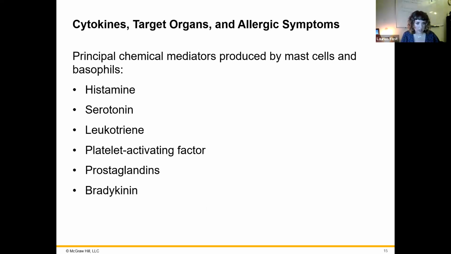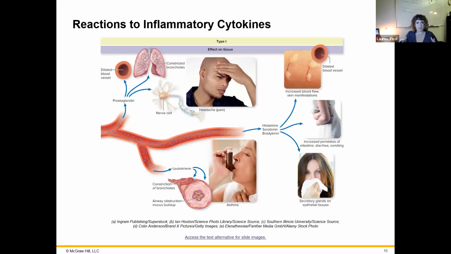And then in this next slide, we talk a little bit about what you would see due to the effect of each of these chemical mediators. So whether it's dilated blood vessels or constricted bronchioles from prostaglandins, even headache development due to effects on nerves.